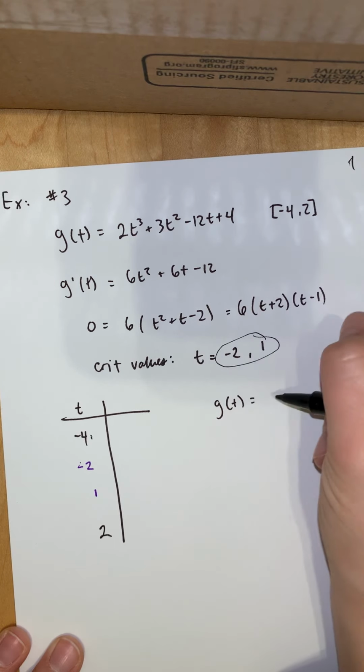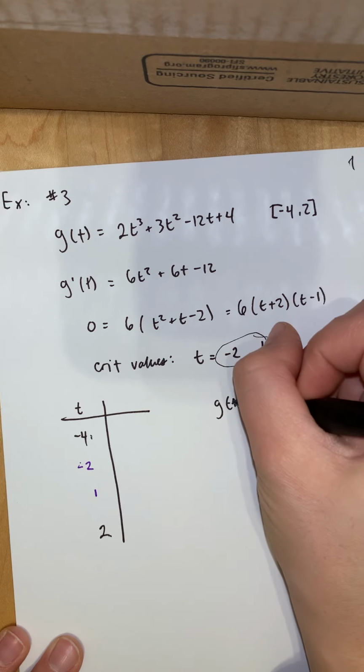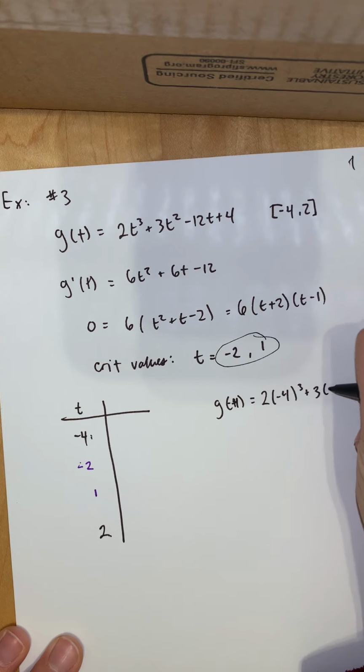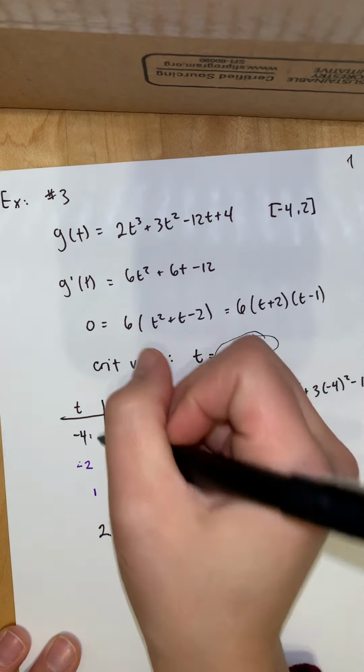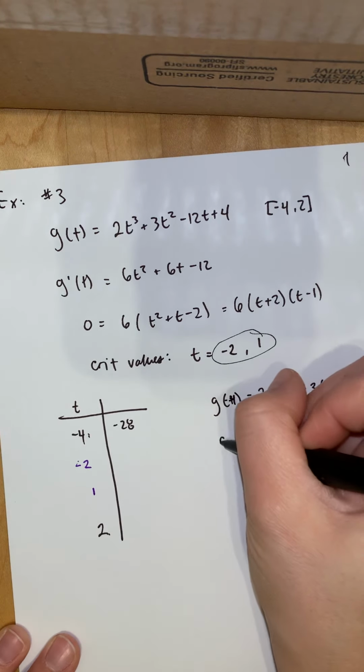So let's just do g of -4 is equal to 2 times -4 cubed plus 3 times -4 squared minus 12 times -4 plus 4, which if I open my solutions to this, see how written out they are. Yeah, so if I plug it in, I get -28.